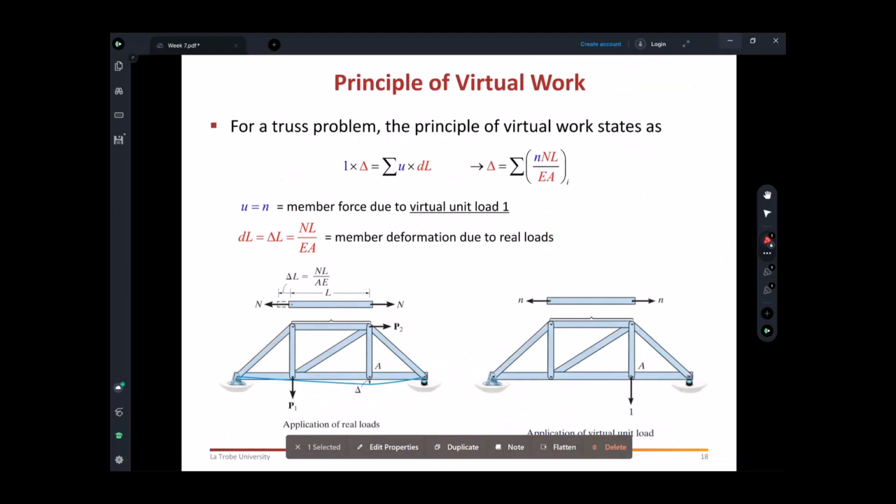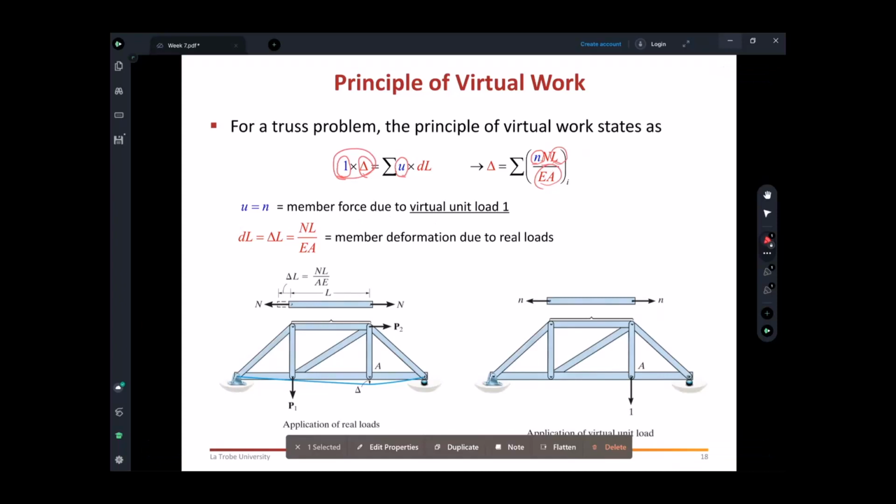So for the truss, as you know, external work, this is by the way virtual work, virtual force times the real displacements, equals the internal virtual forces times the real deformations. If I just rearrange this one, you have the internal force in the virtual system, the internal force in the real system, length and axial stiffness.